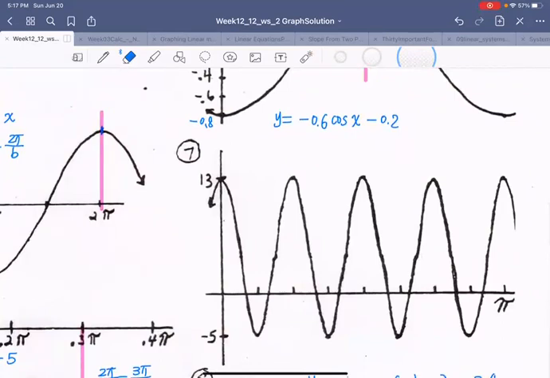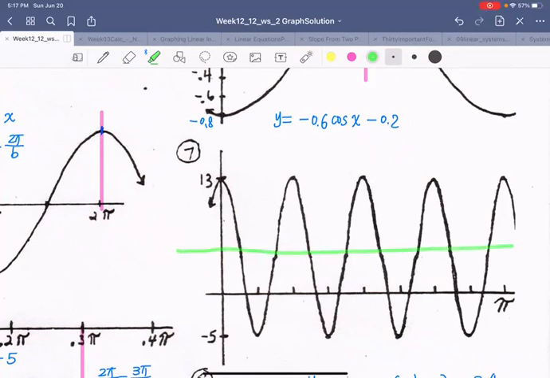Okay, to find the midline, since the top of the wave is 13 and the bottom is -5, that means it's a total of 18, which means your midline would be at 9.